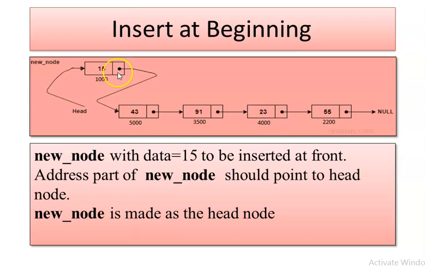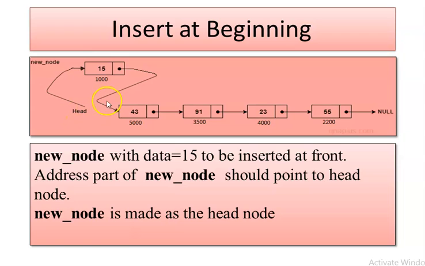So the new node's next is being replaced. It was having a null value. It is being replaced with 5000 so that this node is pointing to the first node which was earlier in the list, so that it becomes the second node. So in the process, this becomes part of this list.